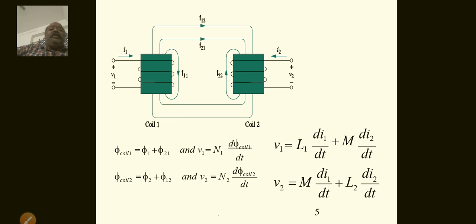So V1 is, with respect to the first coil, self-induced plus mutually induced due to coil 2, that is M di2 by dt. And similarly for V2, due to coil 1 and coil 2, we found V1 and V2 like this.